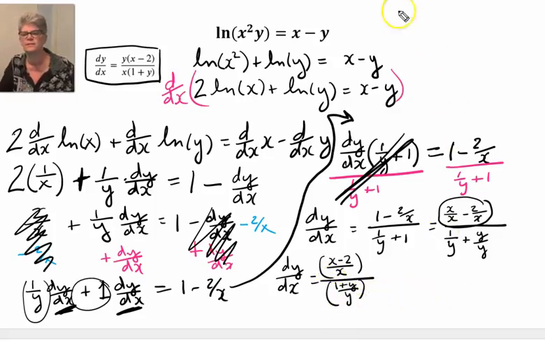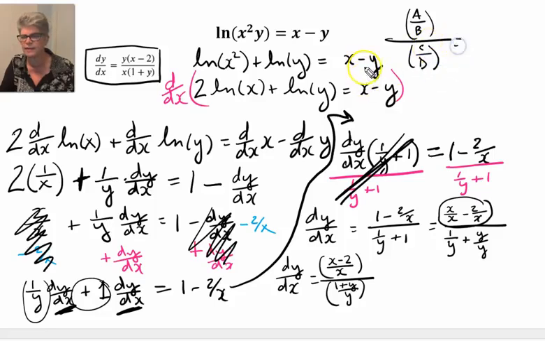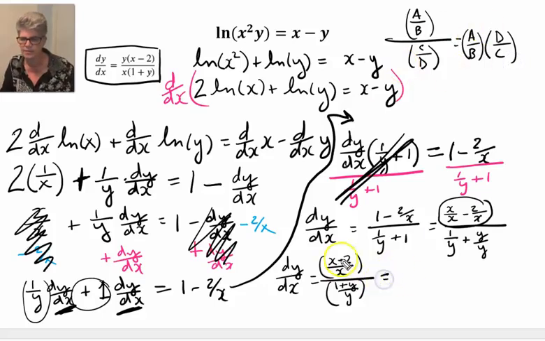Now, what good is this? Well, again, algebra says if you've got a fraction that looks like that, then you take the fraction in the numerator and multiply it by the flip of the fraction in the denominator. So using this, it's going to be the fraction in the numerator times the flip of the fraction in the denominator.